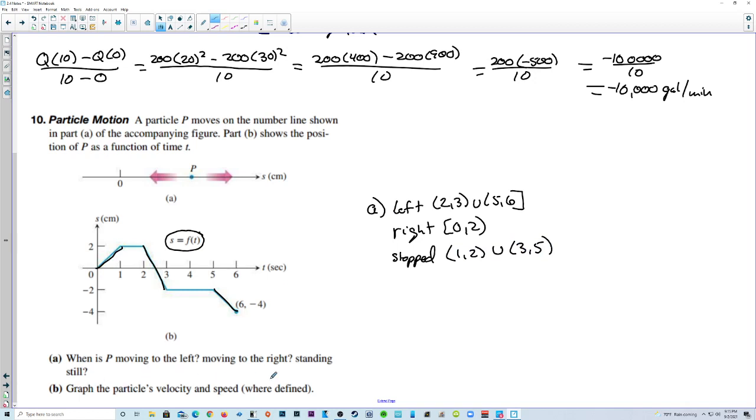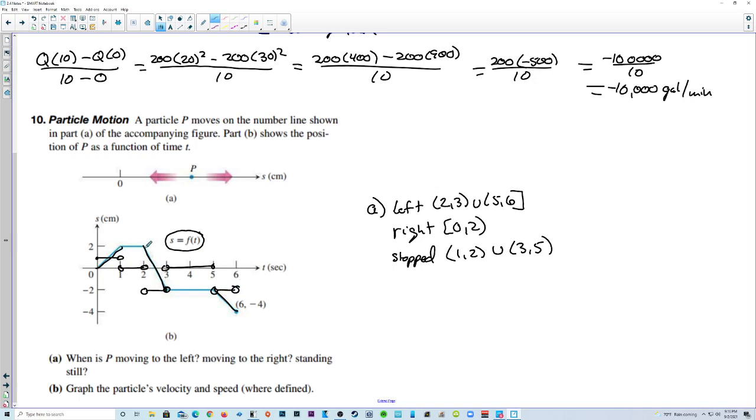Graph the particle's velocity and speed. So the velocity is the slopes of all the tangent lines. So from 0 to 1, we would plot 1. And then from 1 to 2, we'll plot 0. And then 2 to 3, down 2 and over 1, that's negative 2. 3 to 5 is 0. And 5 to 6 is down 2 over 1, negative 2.